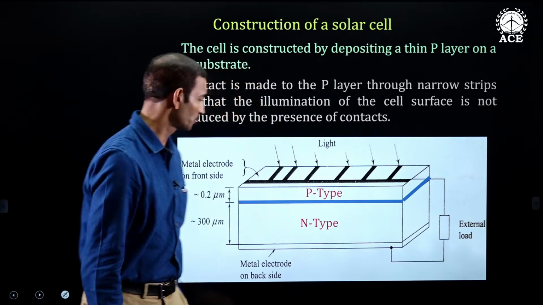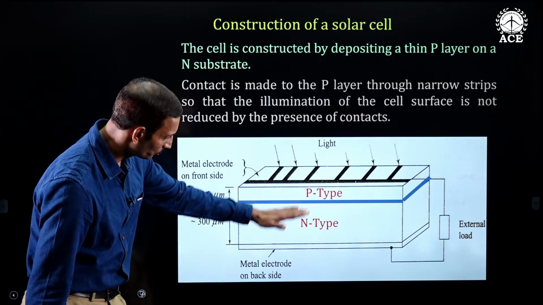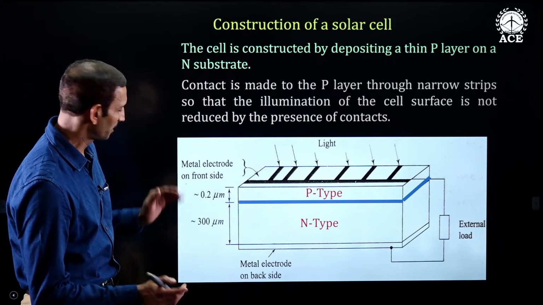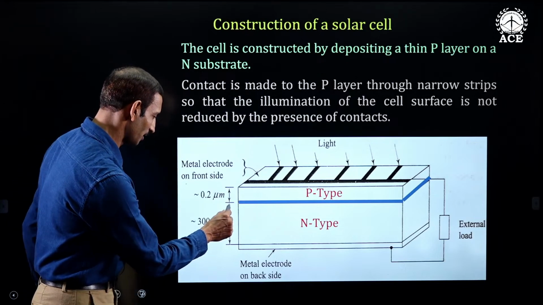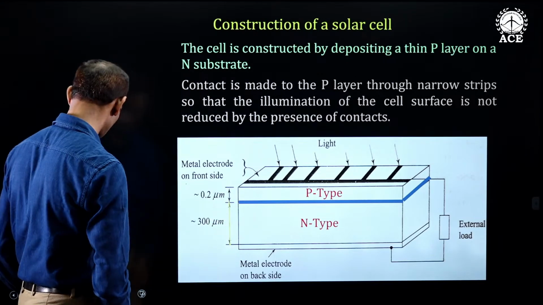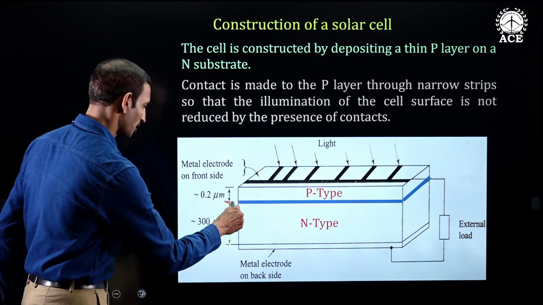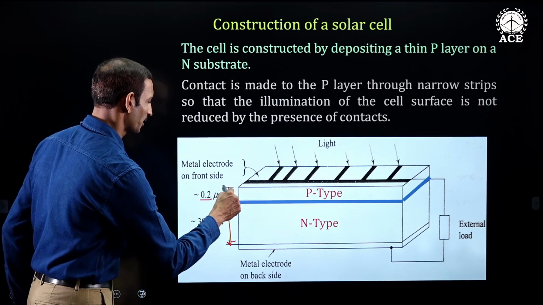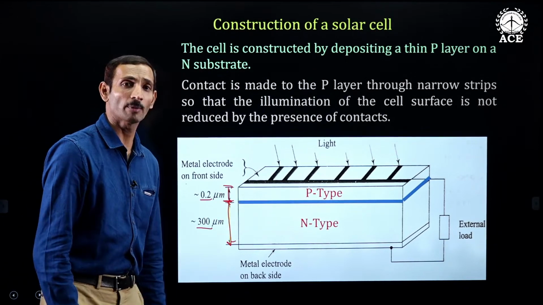What do we mean by this? Now let us see how that looks on a bigger scale. Generally, the sizes would be of the order of a few microns. Just see, this is not more than some 300 micron. This one is somewhere around even less than 1 micron.